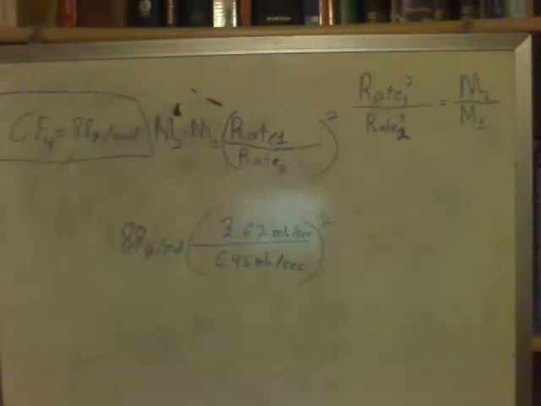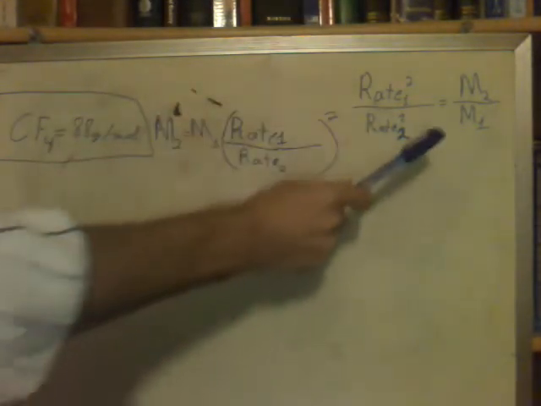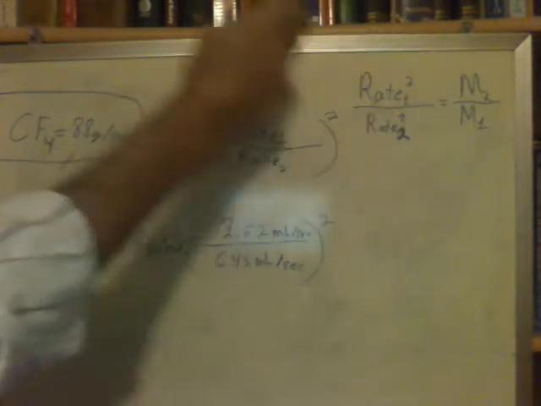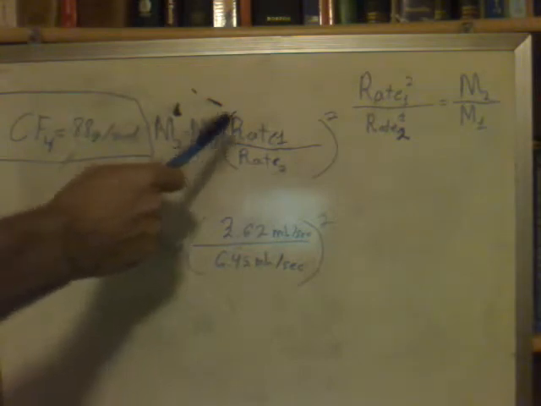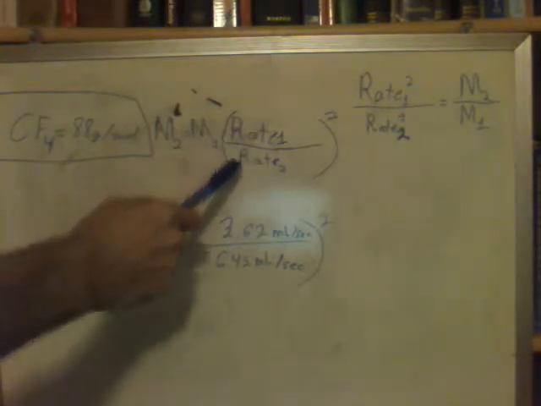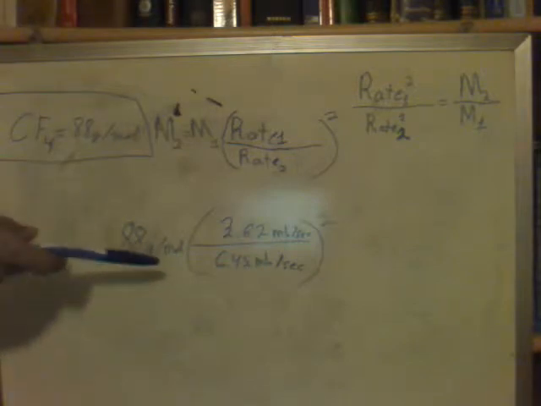Okay, here we have the relationship between rate and mass, Graham's law of diffusion, where rate 1 squared over rate 2 squared is equal to mass 2 over mass 1. Now to get mass 2, we multiply mass 1 by the square of rate 1 over rate 2. Now we plug in our numbers.